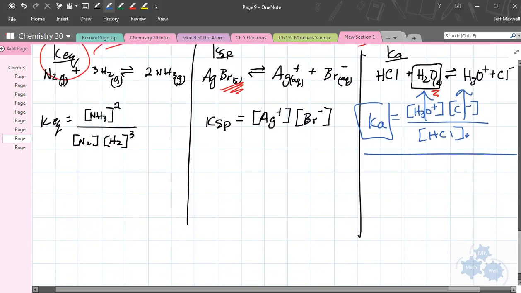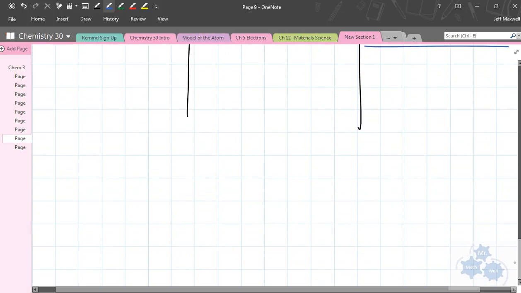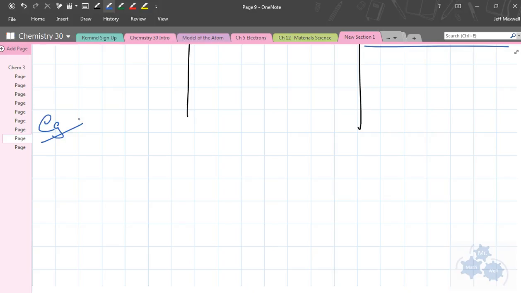Okay. So let's do an example here using the Ka, and I'm going to come back to that special note at the end. But let's do an example. Okay. There's not many examples in your textbook, really.